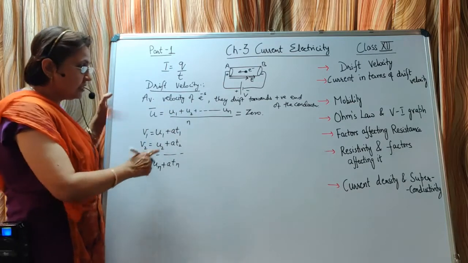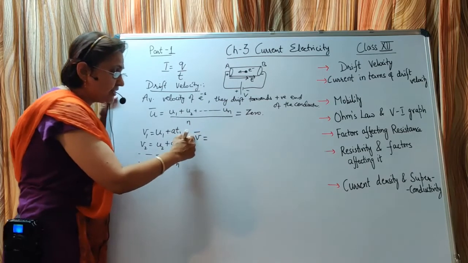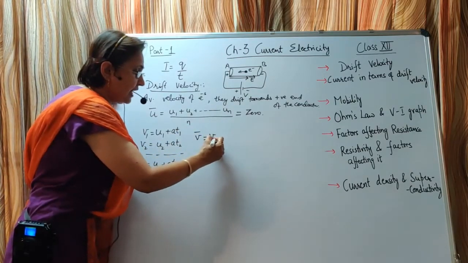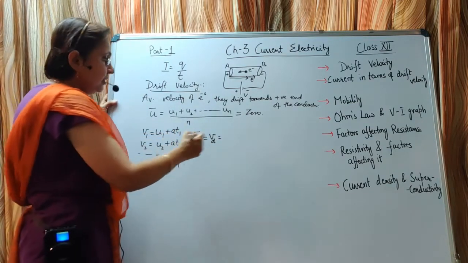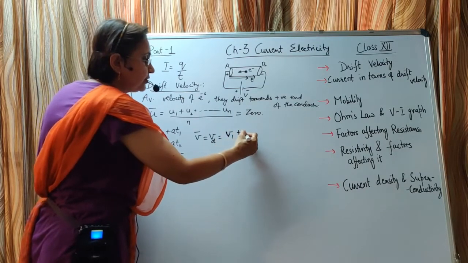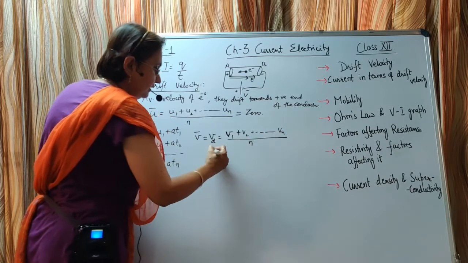So let's find the average of all this. This average of all the final velocities we call the drift velocity, and let us write it as V subscript D, which is equal to (V1 + V2 + ... + Vn)/N.